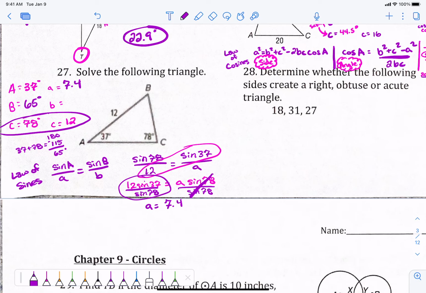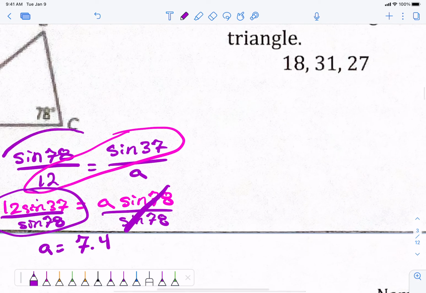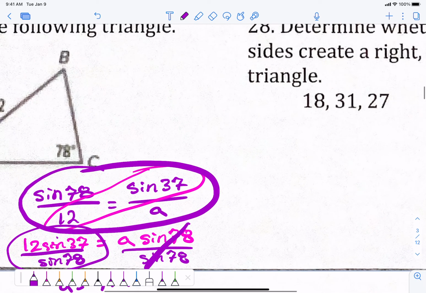Now, can we use SOHCAHTOA or the Pythagorean theorem to find b? It's not a right triangle, so don't try to do that. To find b, I'm going to use this same formula but plug b in instead.